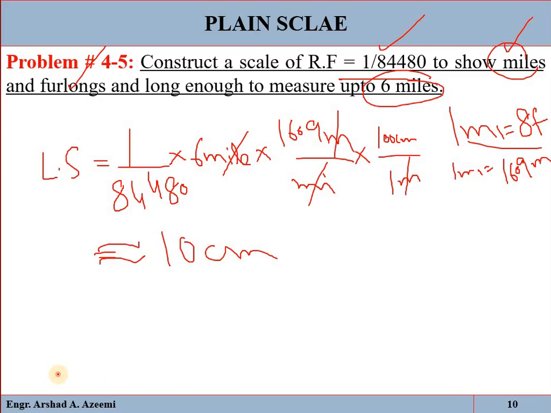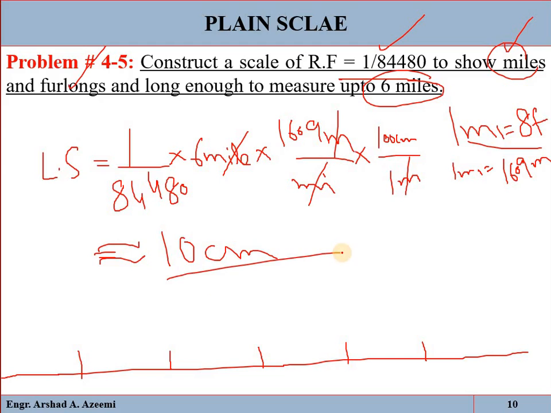So just draw that 10 centimeter line and divide it into 6 equal parts: 1, 2, 3, 4, 5 and 6. We have drawn the 10 centimeter line and divided it into 6 parts, so one part will represent 1 mile.